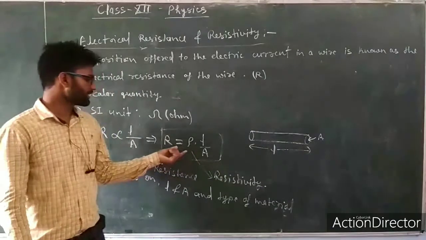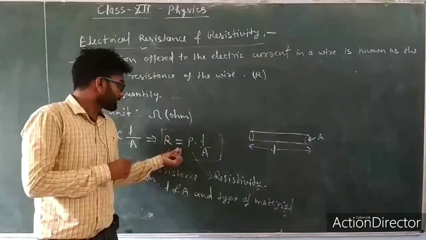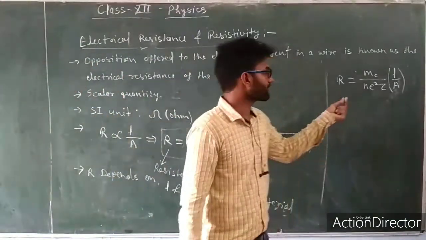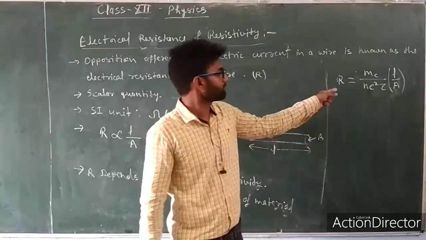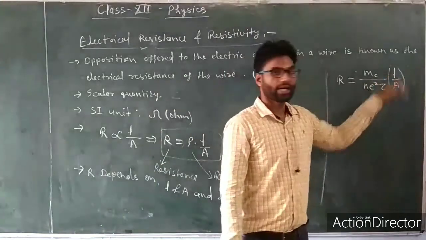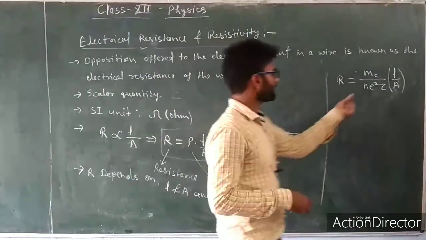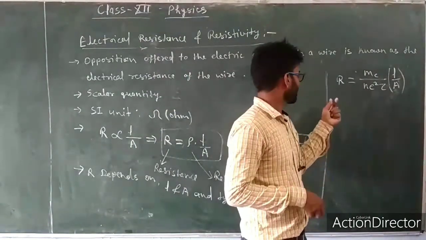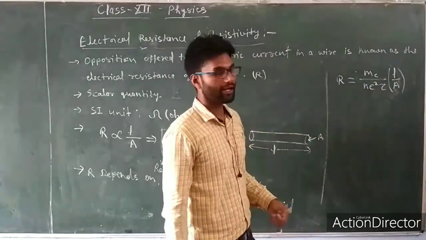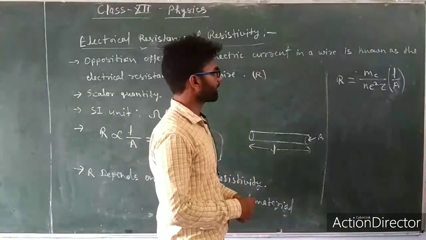So to find out the dependency of this rho, we can take the original formula of this resistance. During the deduction of Ohm's law, we have got this formula R equal to m_e divided by n e squared tau into L by A, where m_e is the mass of electron, n is the number of electrons inside the conducting wire, e is the electronic charge, tau is the relaxation time, L is the length of the wire, and A is the cross-sectional area of the wire.